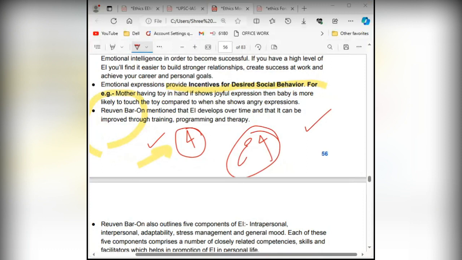Else, if anything is left on your part, I will make you revise. So prepare best, and tomorrow is the day when you can revise your entire emotional intelligence, and on 28th we will meet for the test. We can conclude the session now.